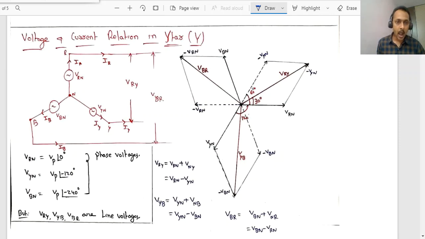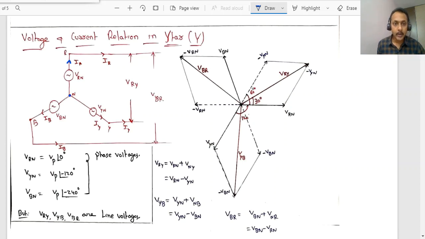Now IR, IY, IB indicate the phase currents. Observe here this IR, IY and IB. Now with respect to this neutral point and line, the voltage is VRN.